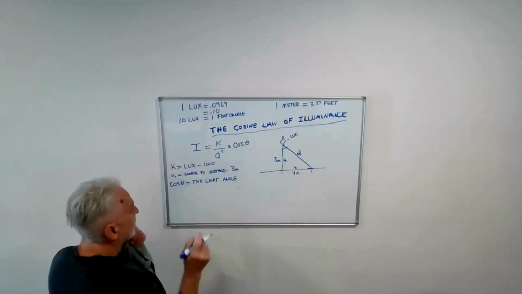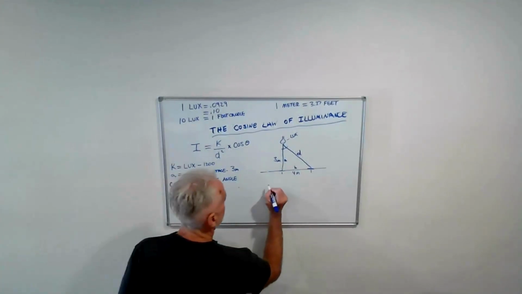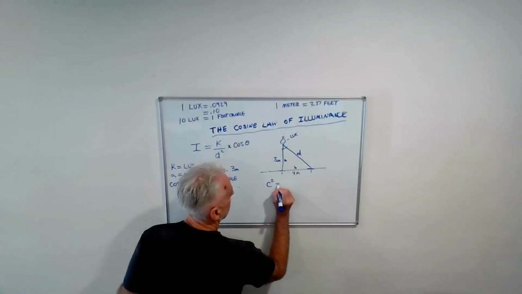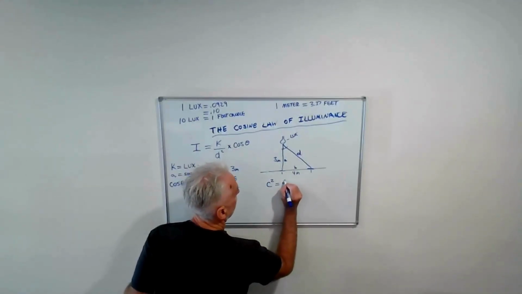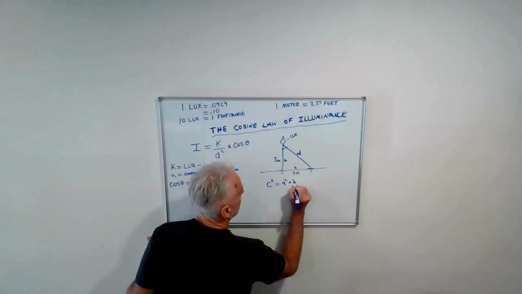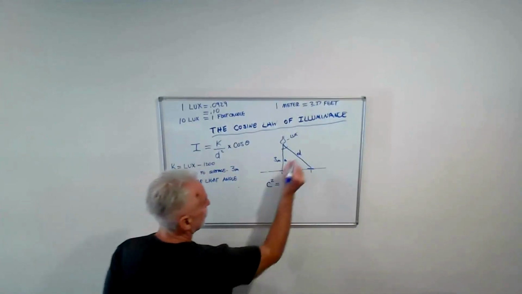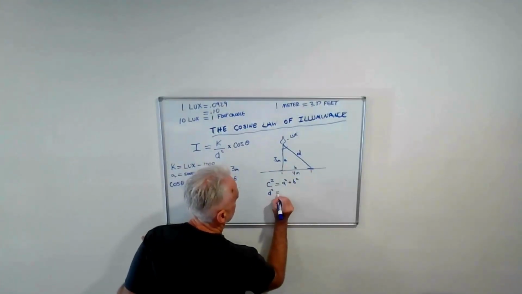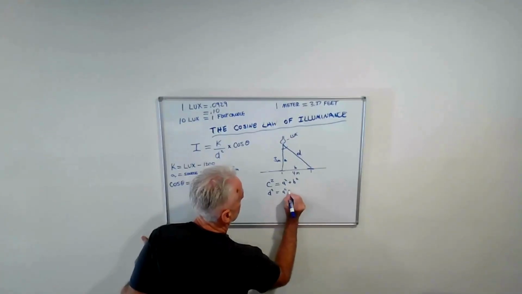With the Pythagorean theorem, it's set up C squared equals A squared plus B squared. For this example, D is our C, so D squared equals A squared plus B squared.